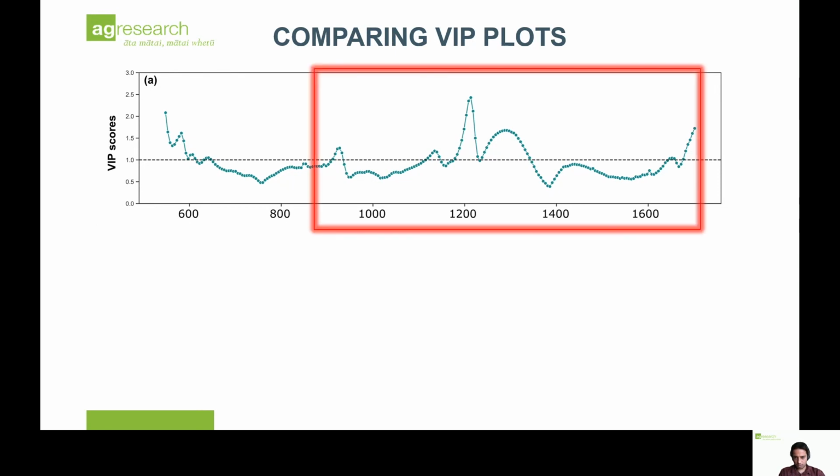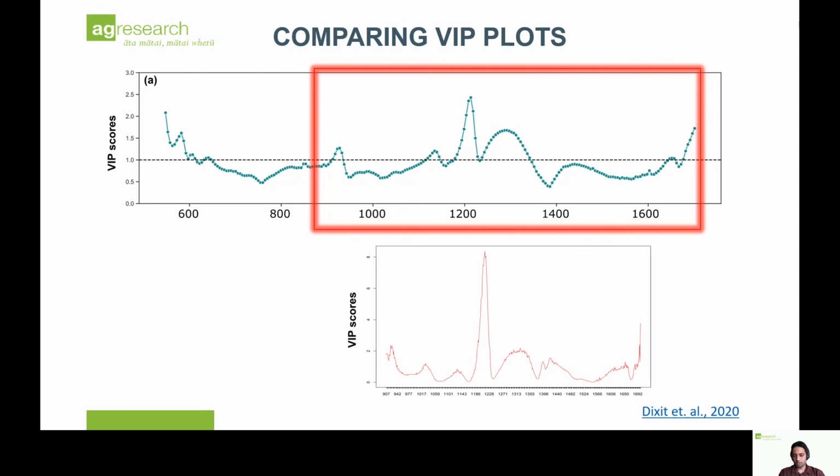If you look at this region of the VIP scores plot from 900 to 1700 nanometers and compare it to one of our previous studies, you see the shape is very similar, which tells us that the model was able to capture the fundamental properties related to fat irrespective of difference in experiments.